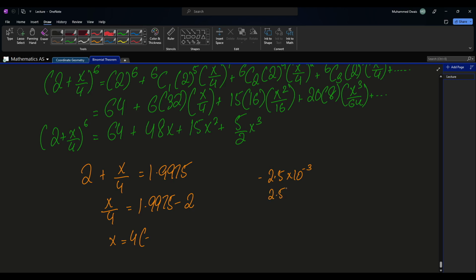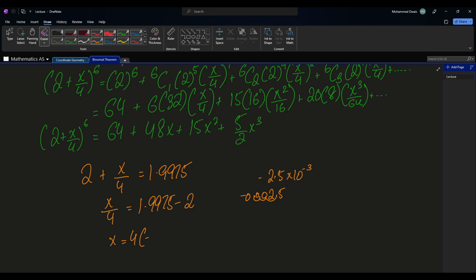So 2.5 exponent minus 3, negative, let me write it somewhere else. So 1, 2, 3. This is how we basically resolve this exponent minus 3, and now you can forget this exponent minus 3 here, right?